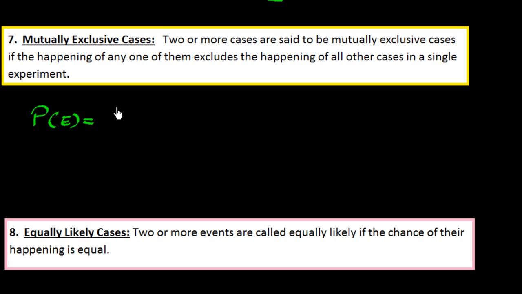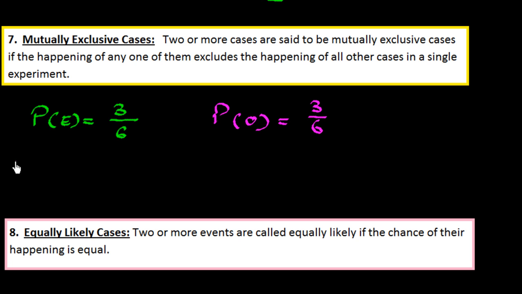So we have 3 favorable outcomes and 6 total outcomes. And we have another case, the probability of getting an odd number. Odd numbers are 1, 3, 5, which is also 3 over 6.